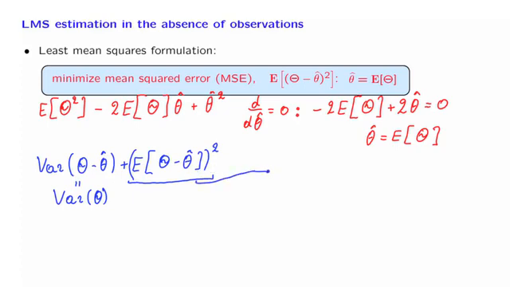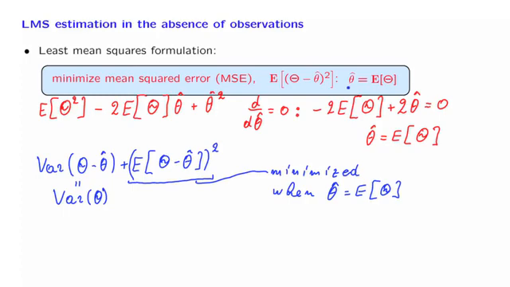So this term here is minimized when theta hat is equal to the expected value of theta. It is minimized because this is a choice that will make this term equal to 0. So this was a second derivation of why this is the optimal estimate of theta.